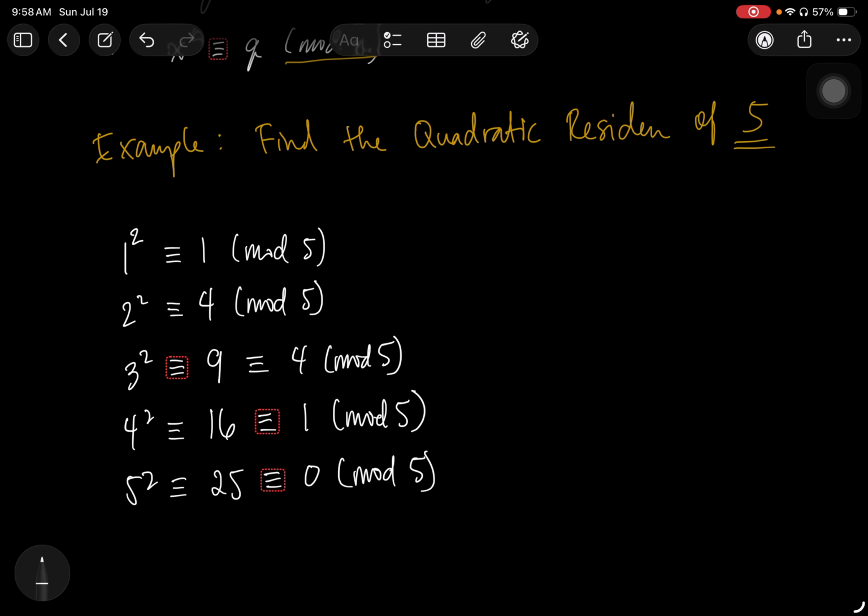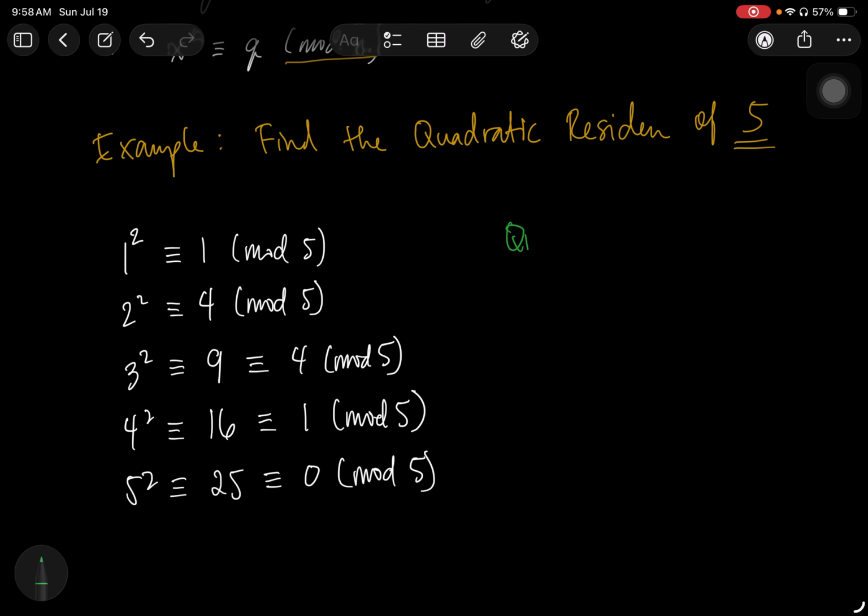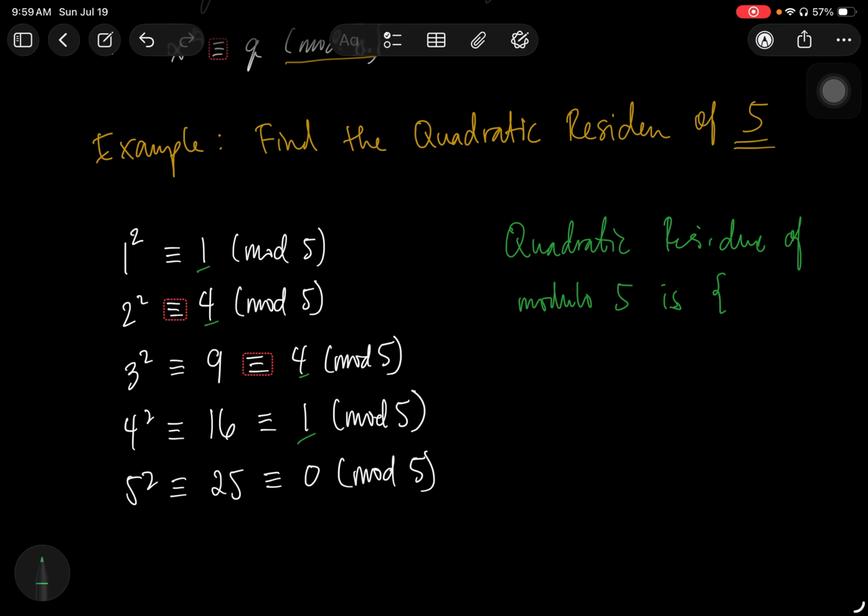Okay, so to write all the quadratic residues modulo 5, the quadratic residue modulo 5 is the set of all the remainders, which is 1, 4, 4, 1, 0.